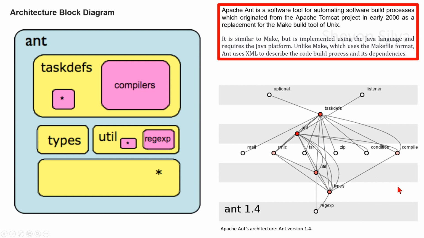Here you can see Ant version 1.4 in Apache Ant's architecture.